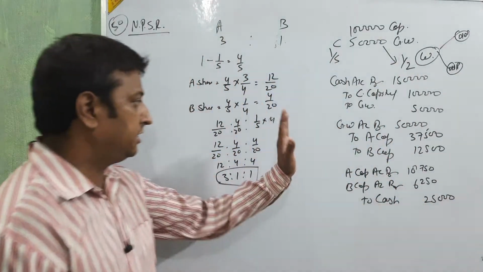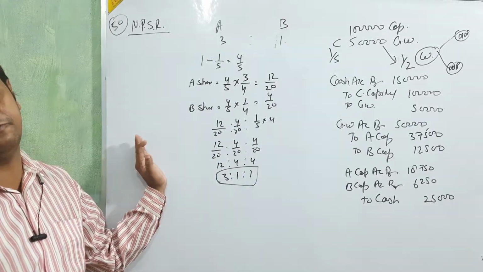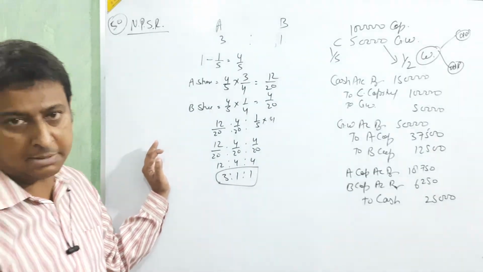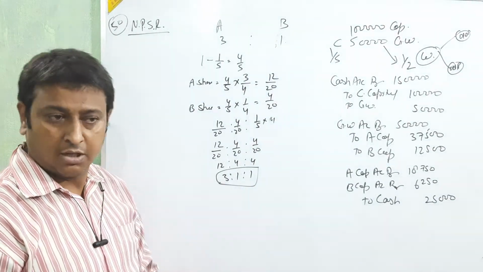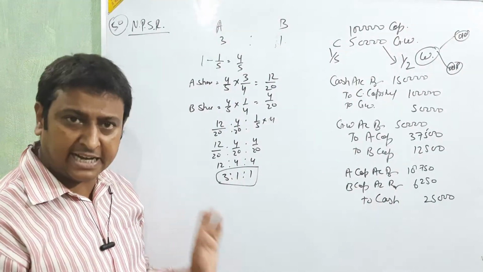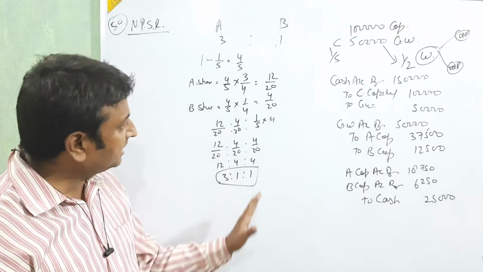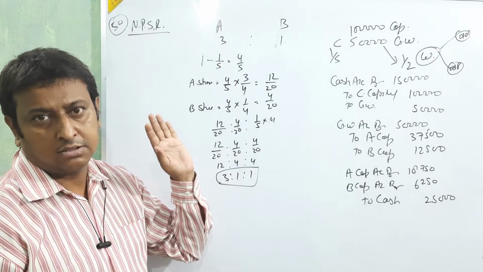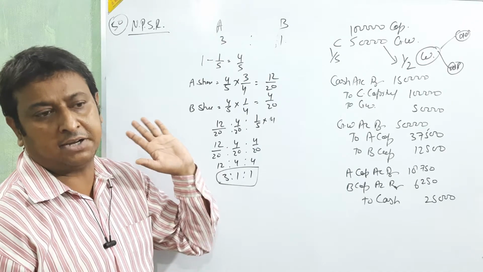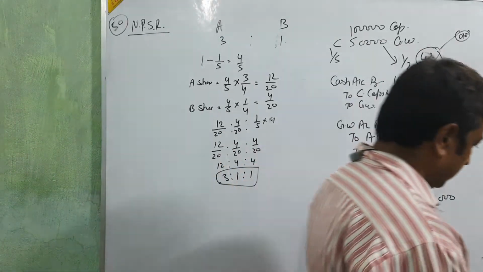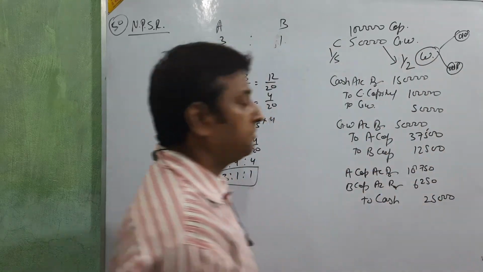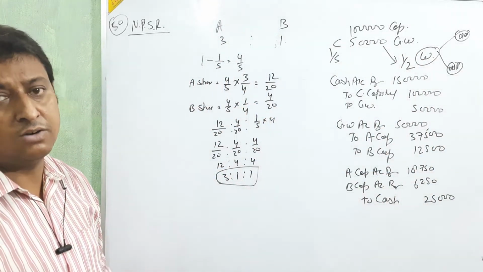Okay, clear? This is the entry and this is the new profit sharing ratio. Up to this is clear? Take a screenshot for remembering also.